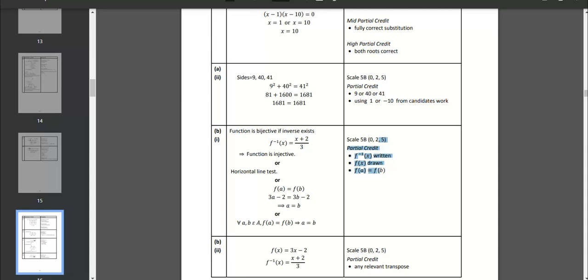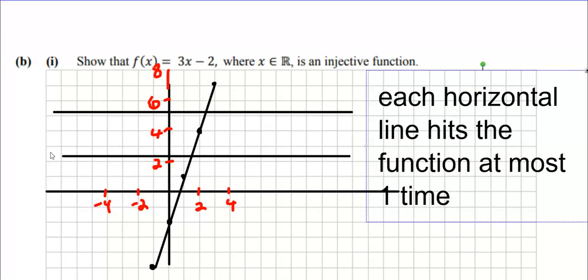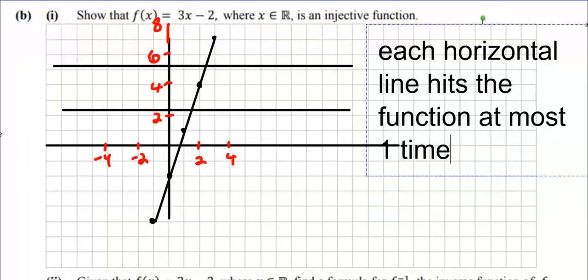So if an inverse exists, your function is automatically bijective. Therefore, it's also injective. As complicated as that sounds, you're going to have to probably revise what that means. But long story short, in injective functions, you're only allowed to hit your graph once. I think that's the easier one to do, isn't it? That's the one I taught you, right?